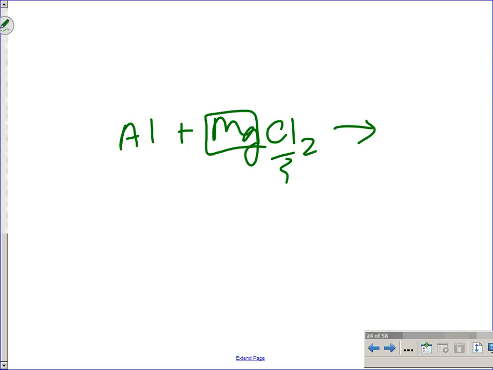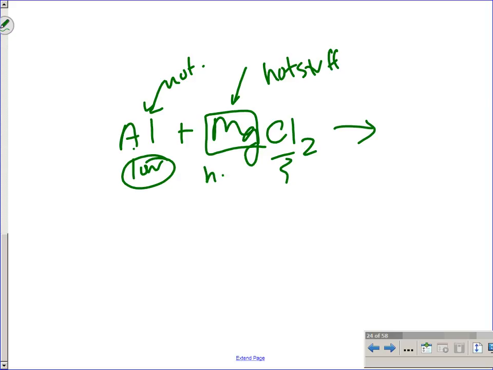No. Why not? Low on the activity series. I'm not materialistic over here, so we're looking for smarts and brains. Aluminum is low in the activity series, so not going to switch. Magnesium is higher on the activity series. That's why I'm going to stay combined with magnesium in that case.